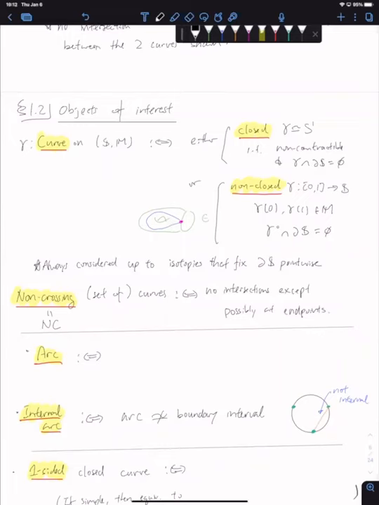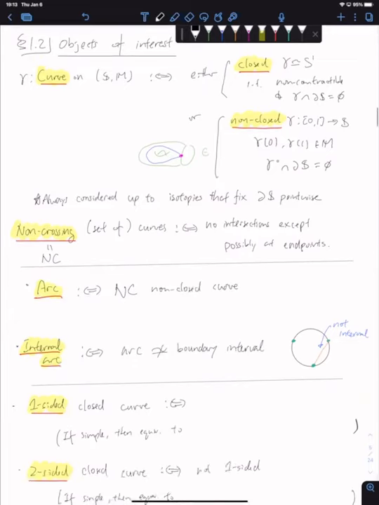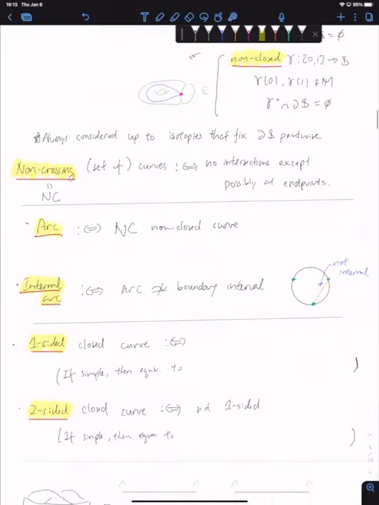Not all curves are created equal, but the ones that we really care about are the non-crossing ones. In the classical orientable case, you care more about the non-closed curves, and the boundary curves are not so important. So we usually just look at internal arcs, the ones that do not look like a boundary component, a boundary interval, sorry.